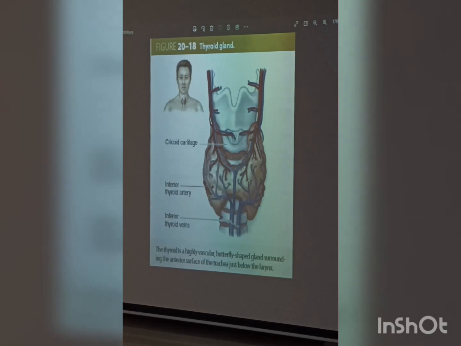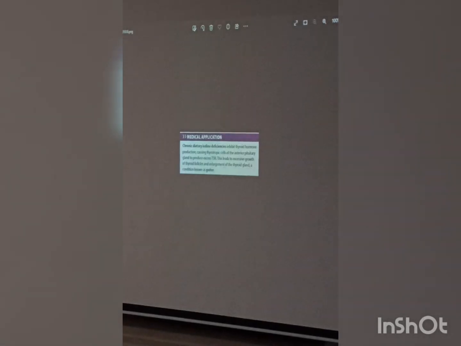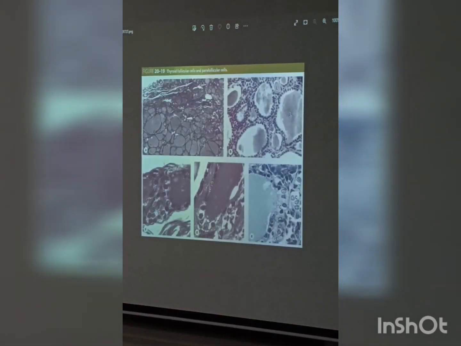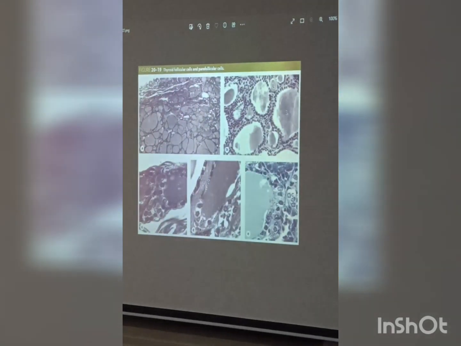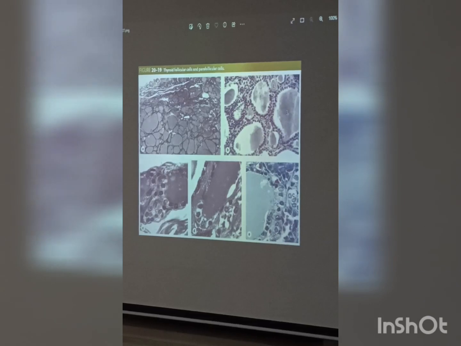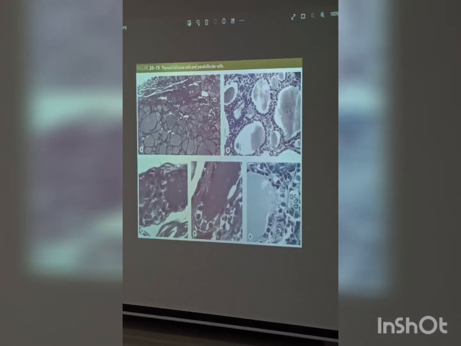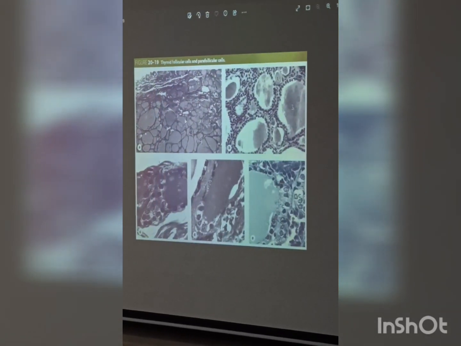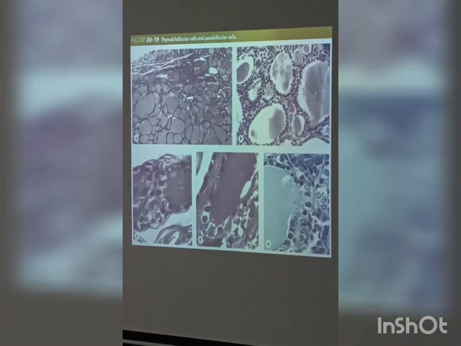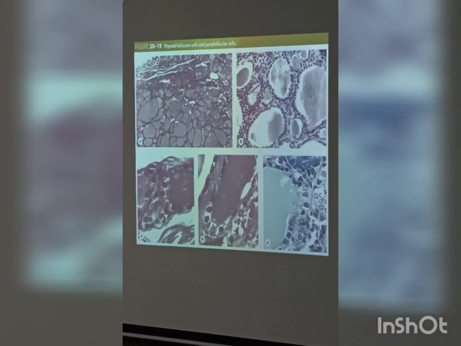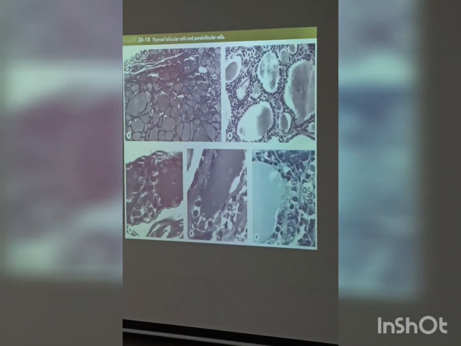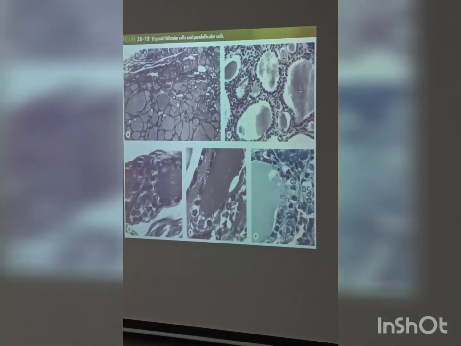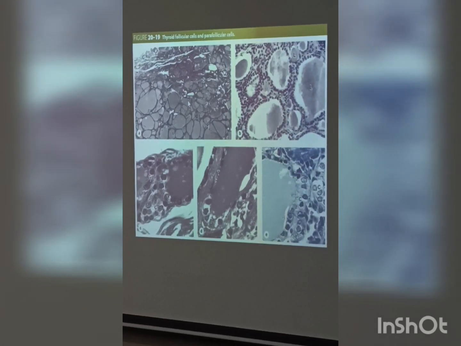Okay, let's see some features. This is the slide we have to see in the microscope. There are different sections. In the first, as you have seen in first year as well, there are millions of follicles, scattered and densely packed, and they have an epithelium which is simple cuboidal, right?